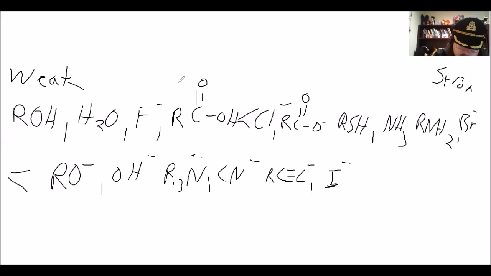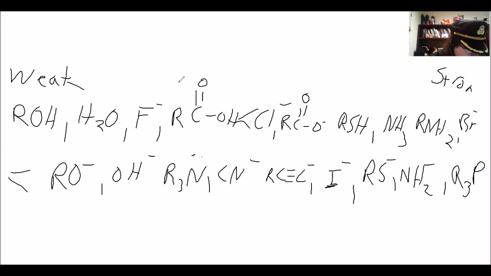This is actually coming down to iodide. Some of these, the strong nucleophiles, end up being what we'd call soft bases, as opposed to hard bases. But that is coming into some inorganic stuff. But okay, RS minus, NH2 minus, and phosphines.